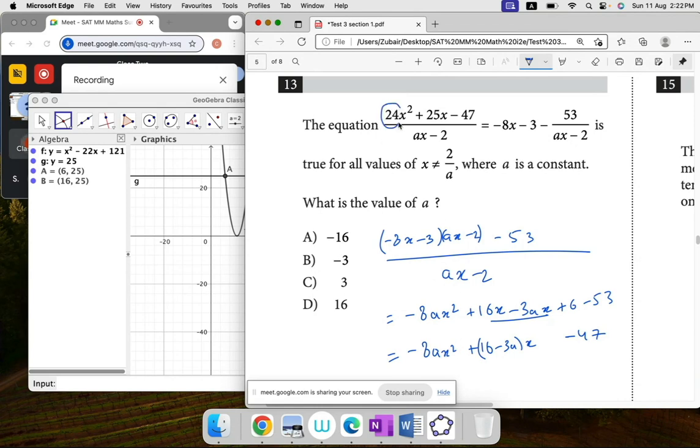Now the coefficient of x square is 24, so 24 equals minus 8a and a is equal to minus 3. Just rechecking with the second value: coefficient of x is 25, equal to 16 minus 3a. 25 minus 16 is 9, equal to minus 3a, and a is again minus 3. So yeah, minus 3.